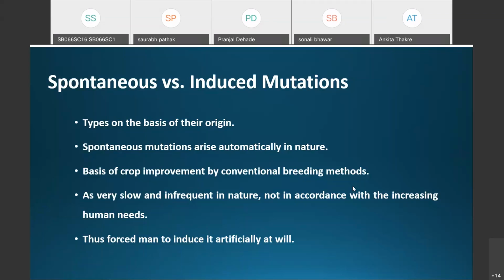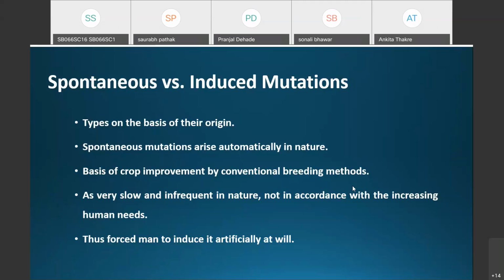And that's why, to speed up the crop improvement process, human beings were forced to induce mutations artificially in plants at their will.